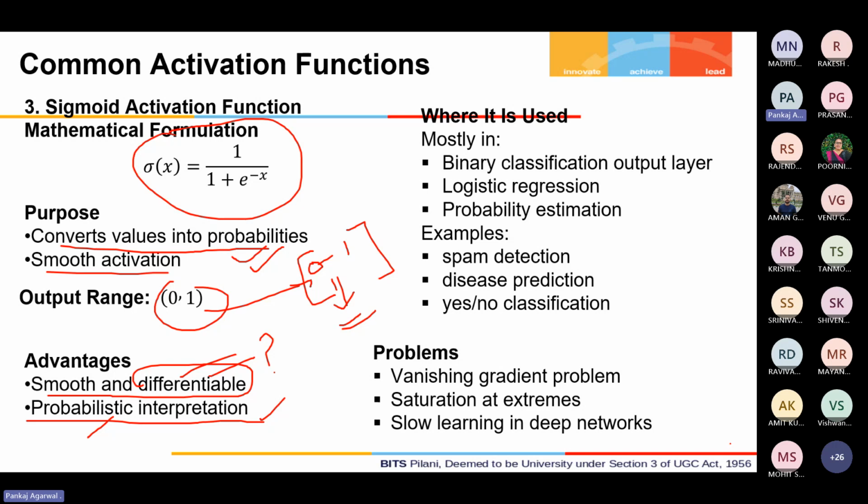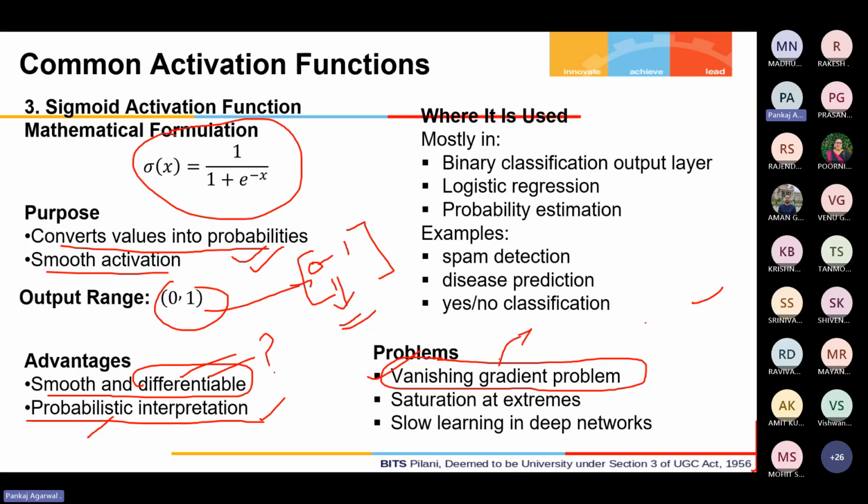Still, this particular activation function suffers from some basic issues. And these issues, as you can see, I have written in front of you, is something called the vanishing gradient problem. Again, I would explain what exactly the gradient descent problem is later. In very simple terms, the vanishing gradient problem means that the network eventually, after some time, stops updating its weights, which leads to non-learning, right?